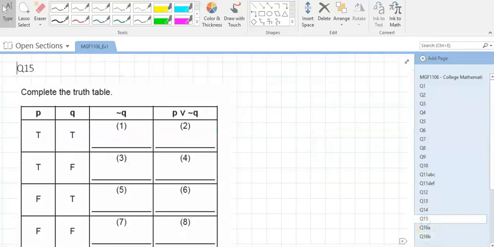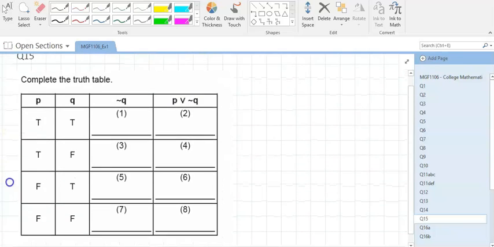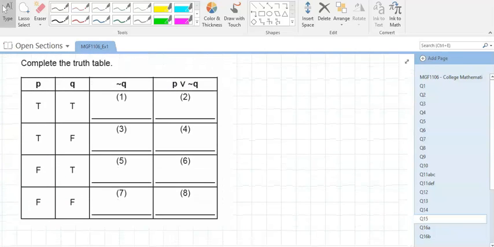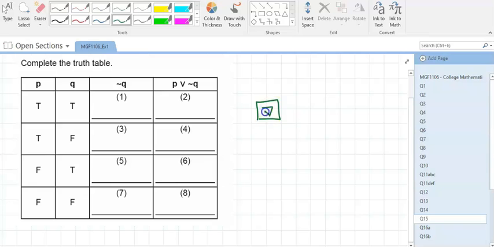All right, number 15. And a lot of this, basically from here on out, is all about completing the truth table. These will all be drop-down menus in here. You will see your little arrow, and when you drop it down, it will either say true or false.